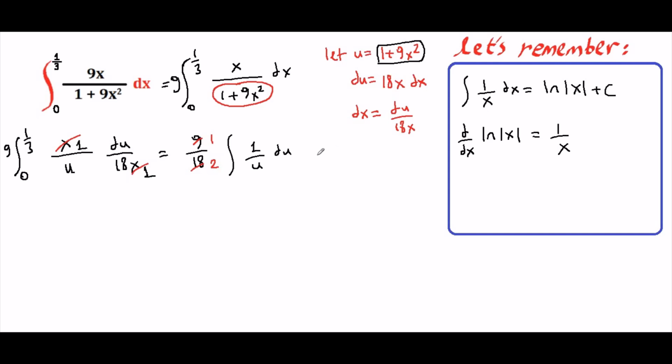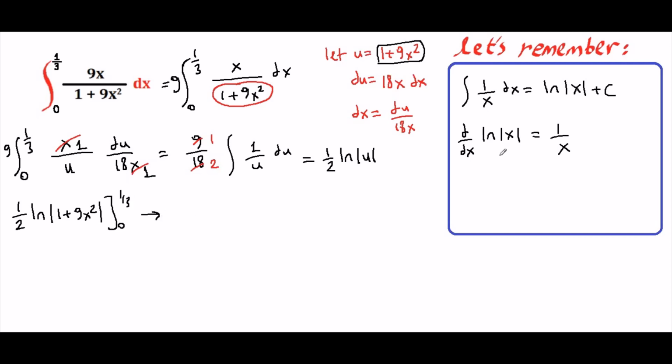So our integral turns into 1/2 ln of the absolute value of u plus c. But in our case, this is a definite integral from 0 to 1/3. First, we bring u back: 1/2 ln of 1 plus 9x squared from 0 to 1/3.